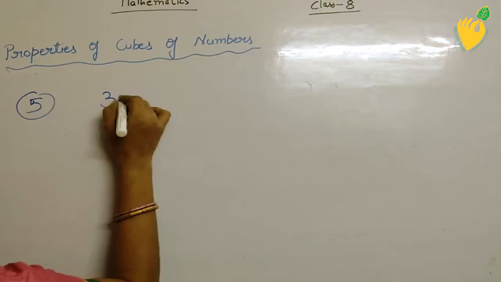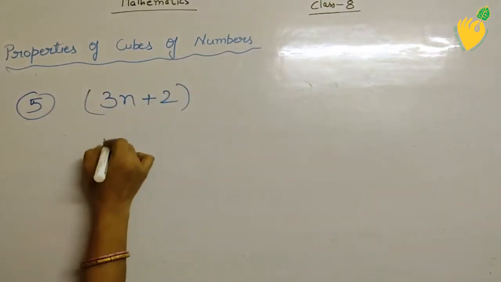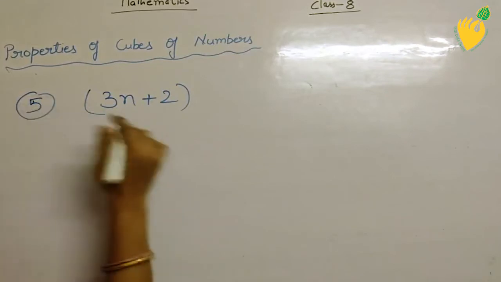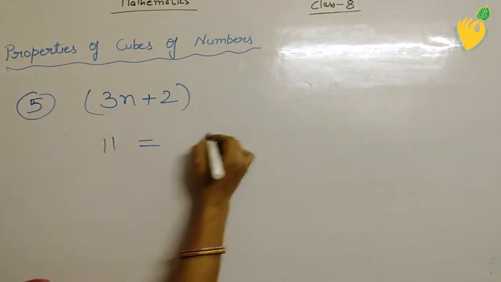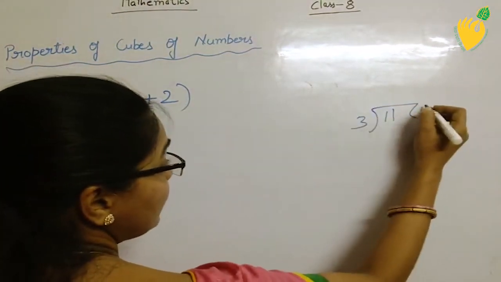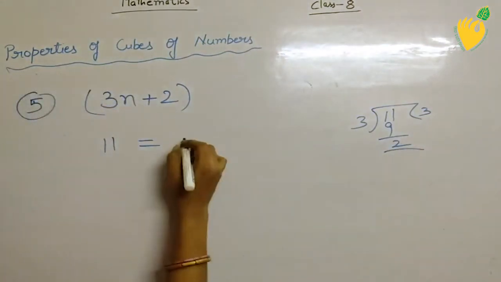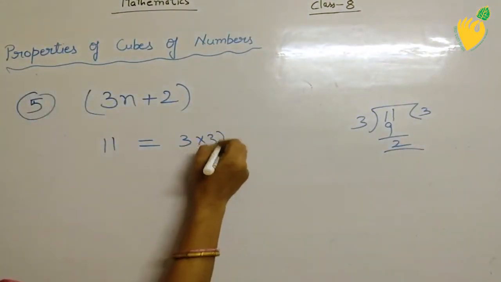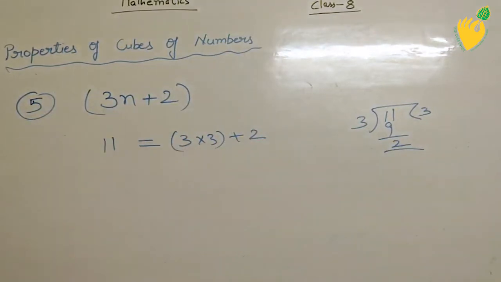What is the form first, students? 3n plus 2. Take any natural number, 11. Write it in this form by dividing it by 3. 3 threes are 9. You can write 3 into 3 plus 2. I have written 11 in this form.